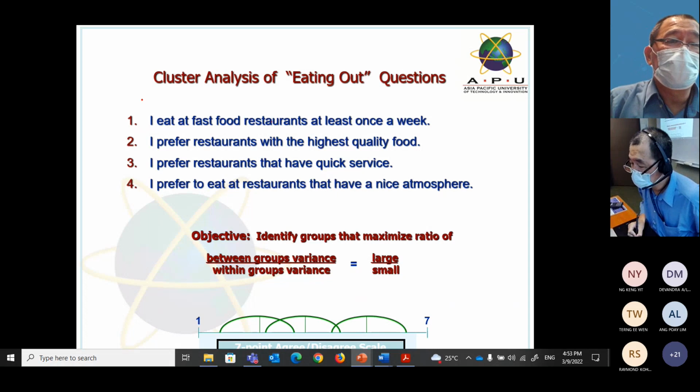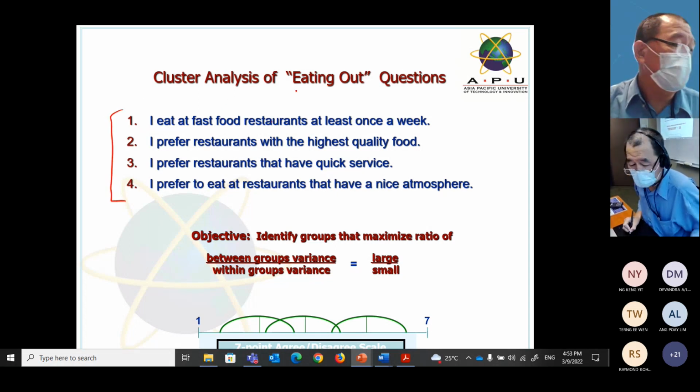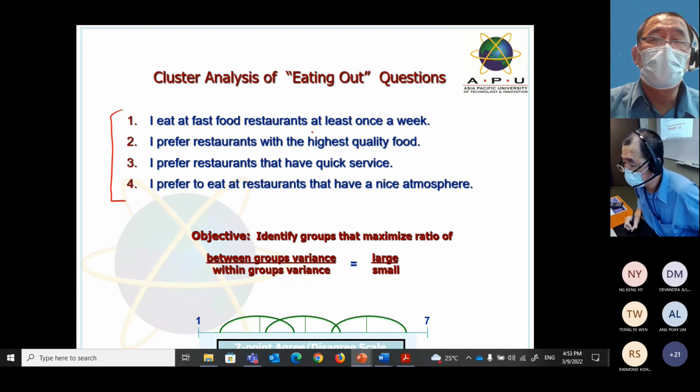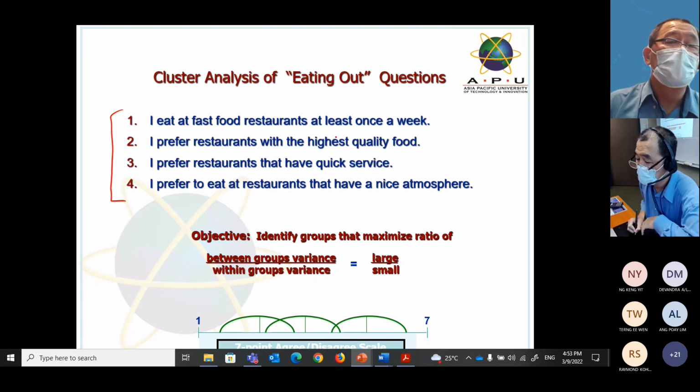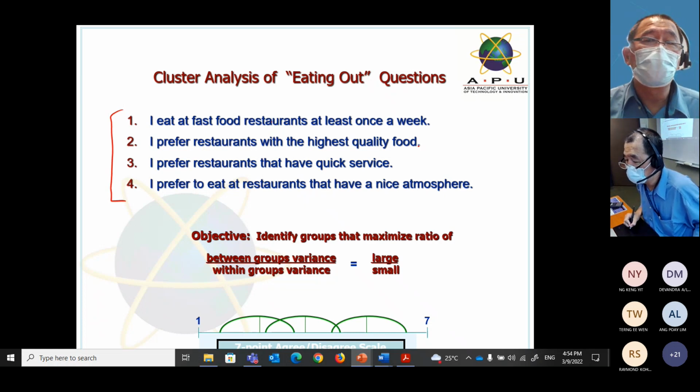So the first 4 questions are still okay. The cluster analysis of eating out questions. First one, they eat at a fast food restaurant at least once a week. Number 2, prefer restaurants with the highest quality food.